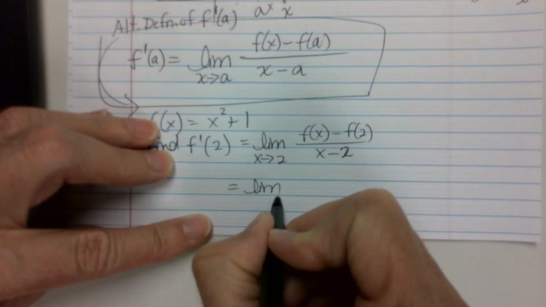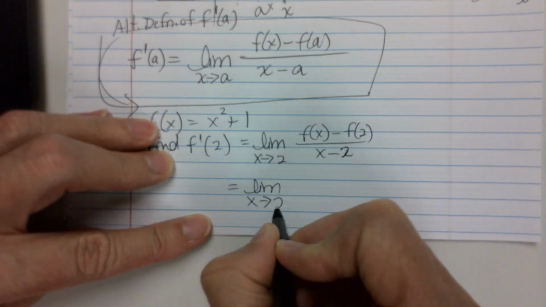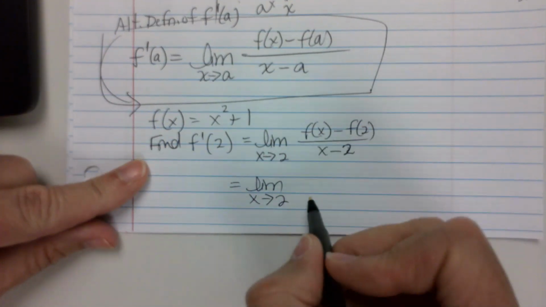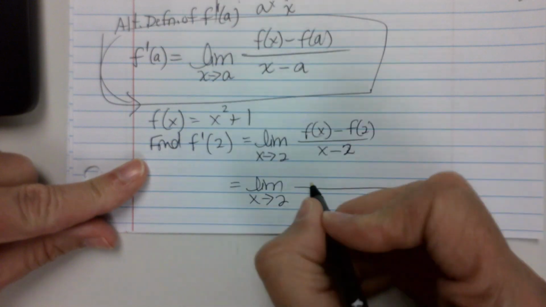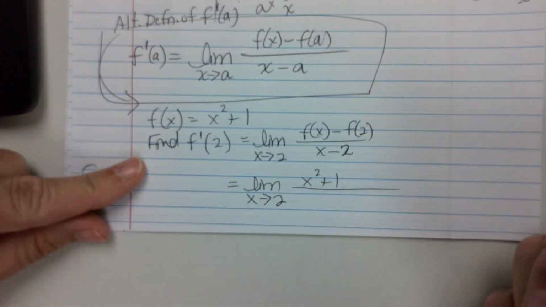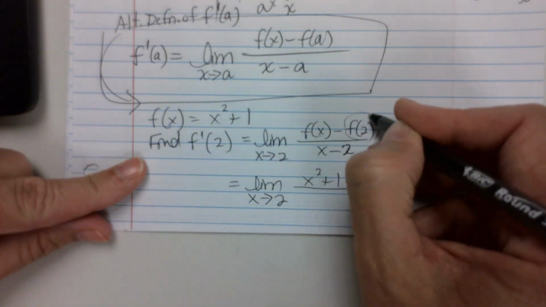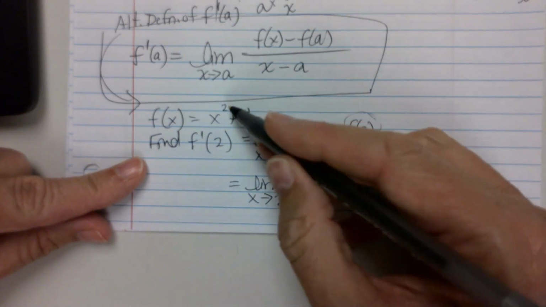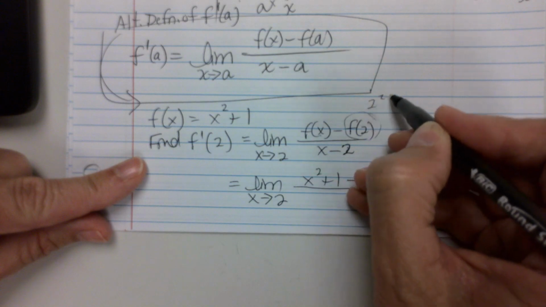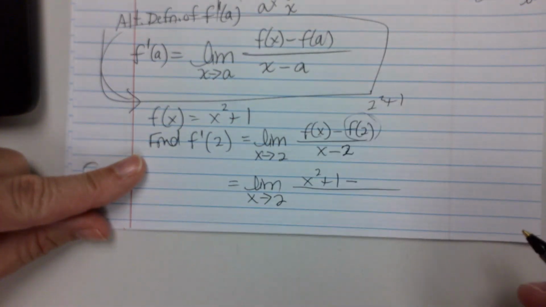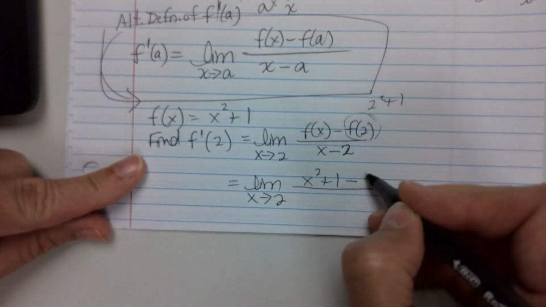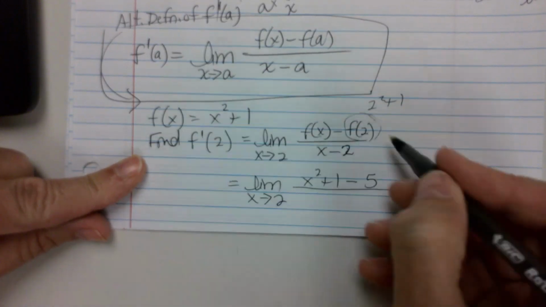So what do we replace f of x with in the formula? The x squared plus 1. Easy peasy. What will we replace f of 2 with? 2 squared plus 1 is 5. I replace the x with the 2, right?